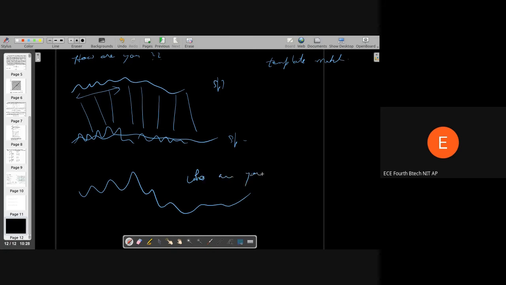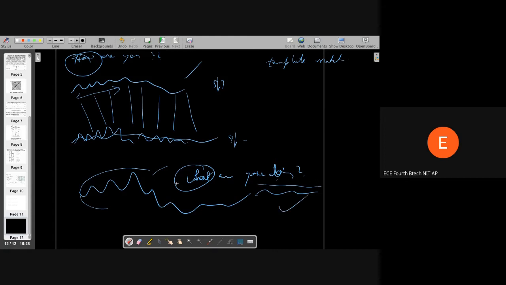Or, let's say, what are you doing? Obviously this might or might not be longer, it depends on the rate of speech, but because different vowels and different speech sounds are there, this sentence and this sentence will be quite different.